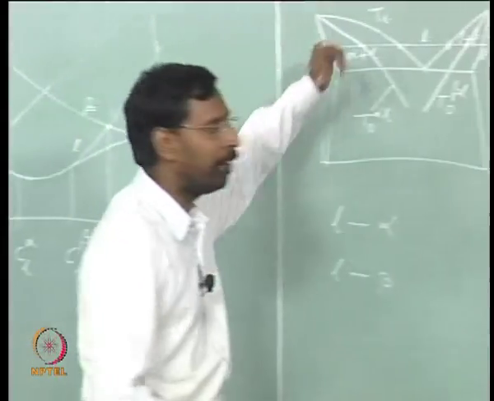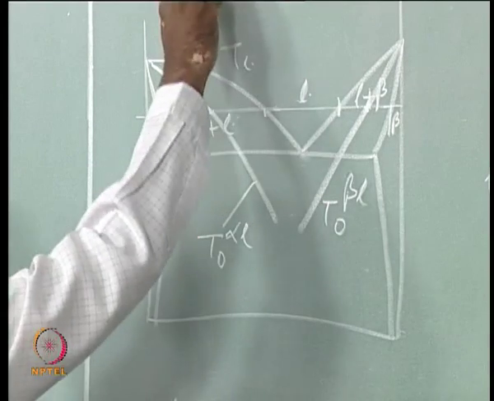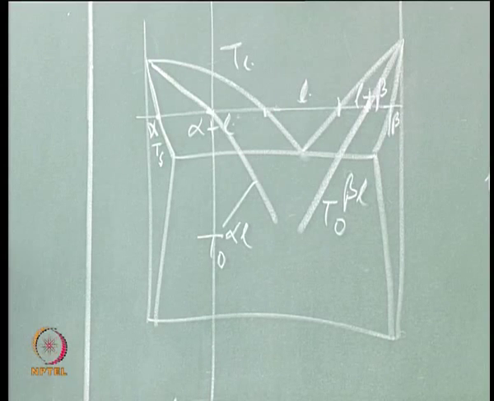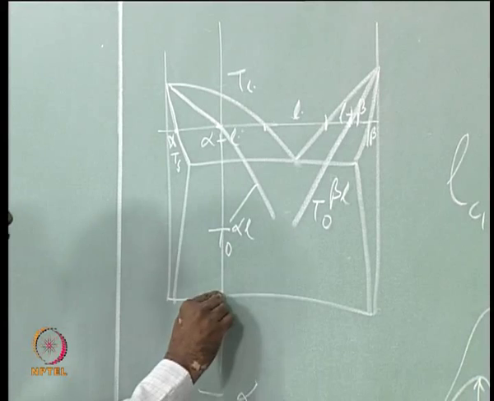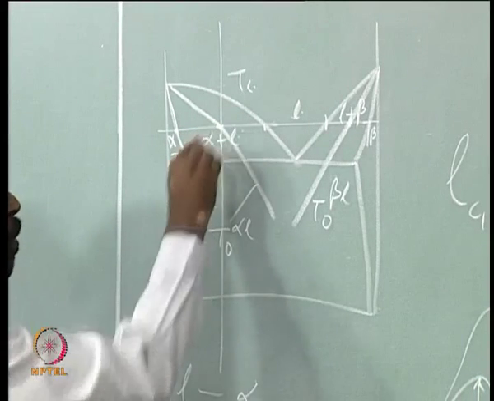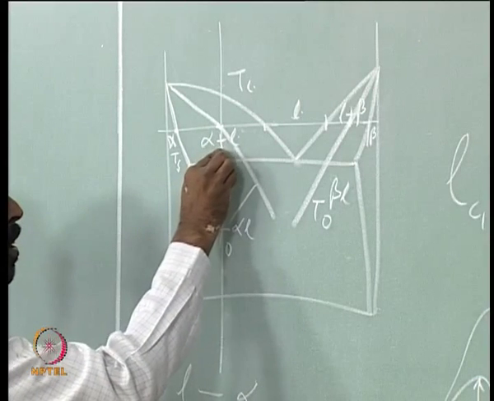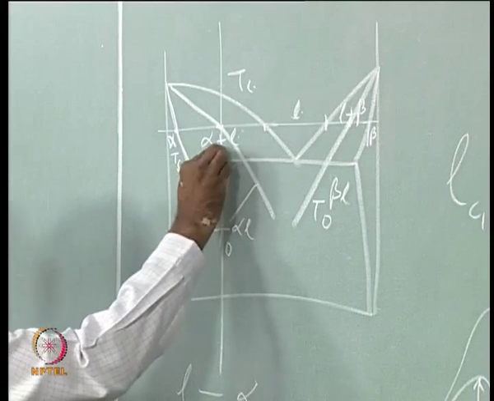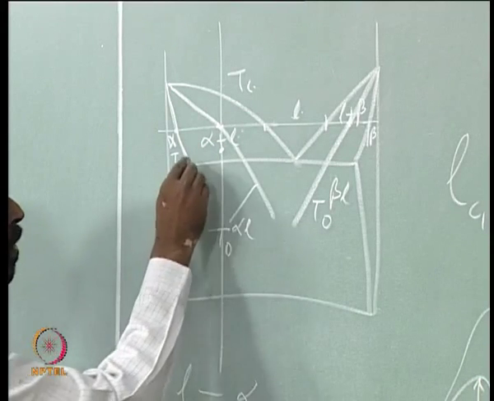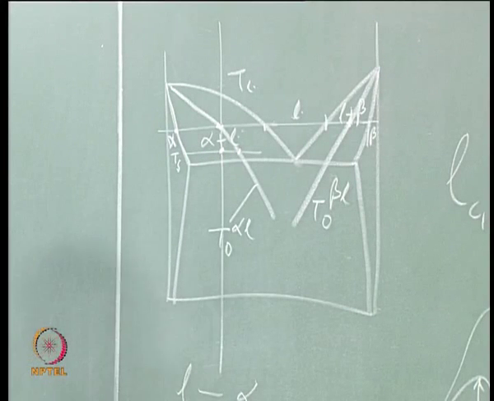And now if I have this, how do I understand this? Again the same thing: if I take an alloy of this composition, the moment I undercool it below this temperature, to some temperature like this, any temperature of that sort, then at that temperature this composition is to the left of the T naught, or the C naught, corresponding to that temperature.